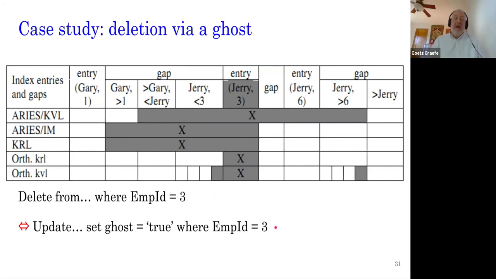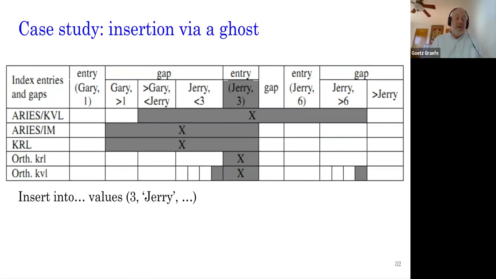The record remains on the B-tree node as an invalid record, basically until some other insertion requires space. And when you need space in the B-tree node, then you look for ghost records that are currently not locked, and then you erase those at that point. So again, for deletions, you see that orthogonal key range locking is the most precise, and orthogonal key value locking is almost as precise.